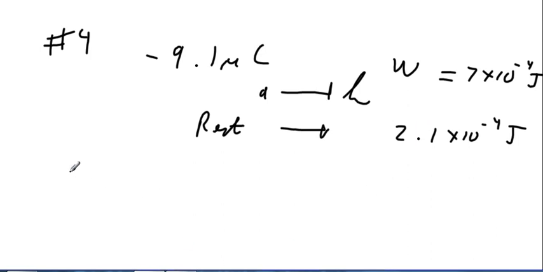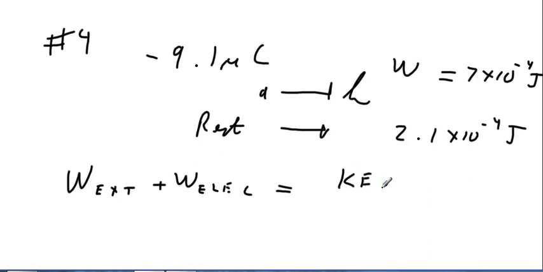So the work needed, the work that is external, plus the work that's caused by the electric field, has to equal the kinetic energy final minus the kinetic energy that I had to begin with. Now that's pretty simple to have because that's got to be 0.